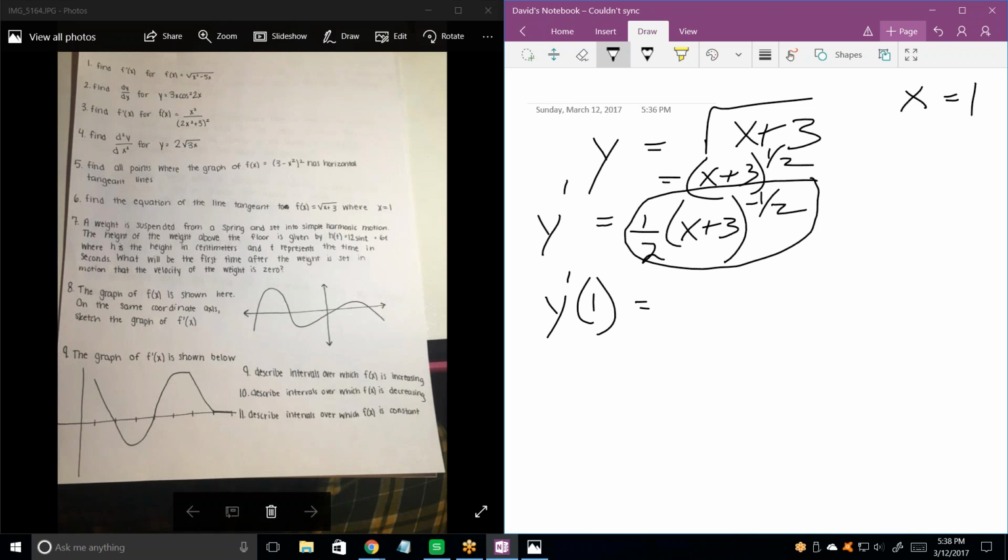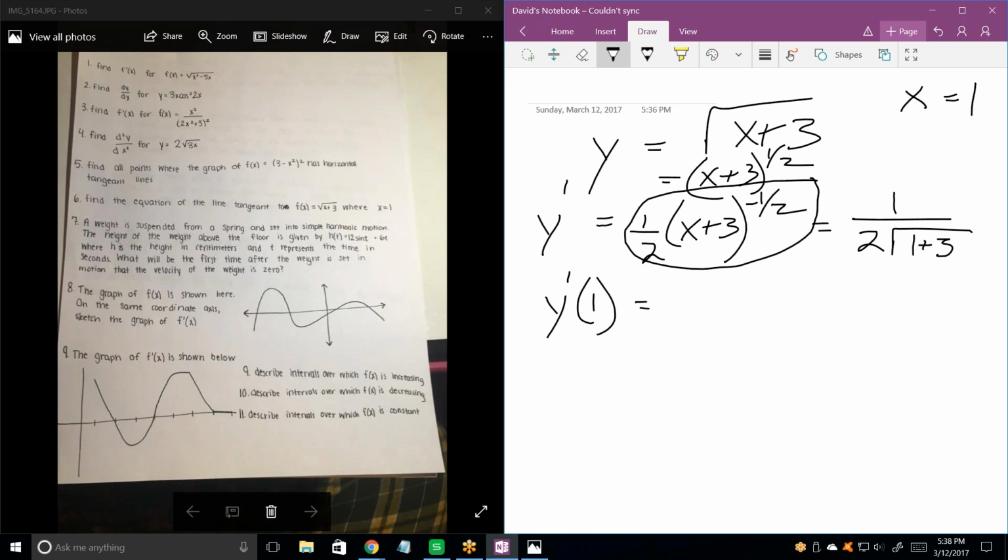So, is it 1/2? Well, maybe I was going too far by saying we didn't need to make it look pretty. Let's make it look pretty. Right?